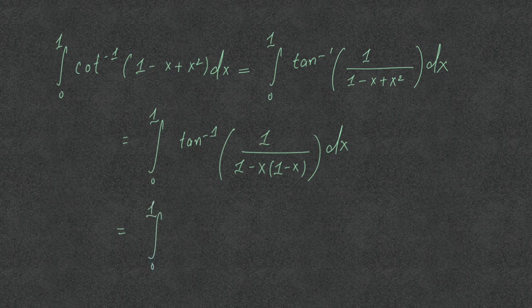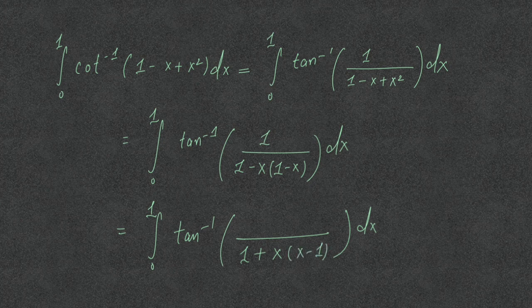Now 0 to 1 tan inverse of, taking minus 1 common, so it becomes 1 plus x into (x minus 1). Now the difference of x and x minus 1 is 1, so instead of this one I'll write the difference, which is x minus (x minus 1).